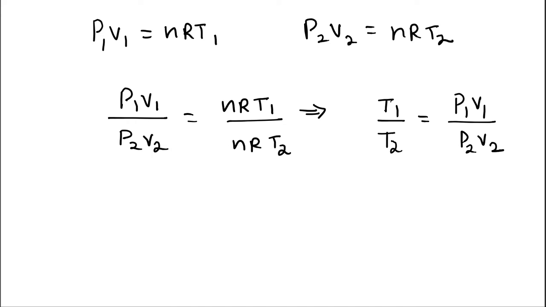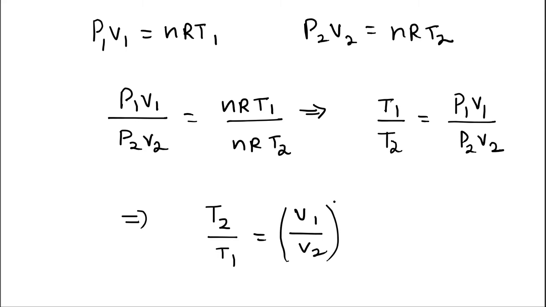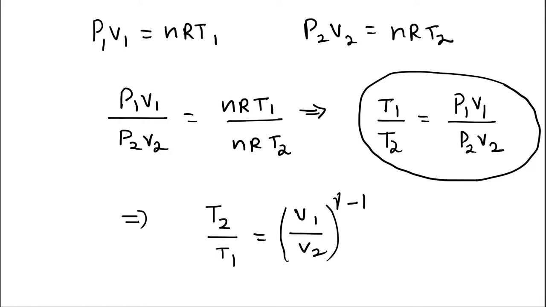And what is the expression we have earlier? The expression earlier is T2 over T1 is equal to V1 over V2 raised to the power of gamma minus 1. Now this is the equation we got from the ideal gas equation at two states. So I slightly modify this: T2 over T1 is equal to P2 V2 over P1 V1.